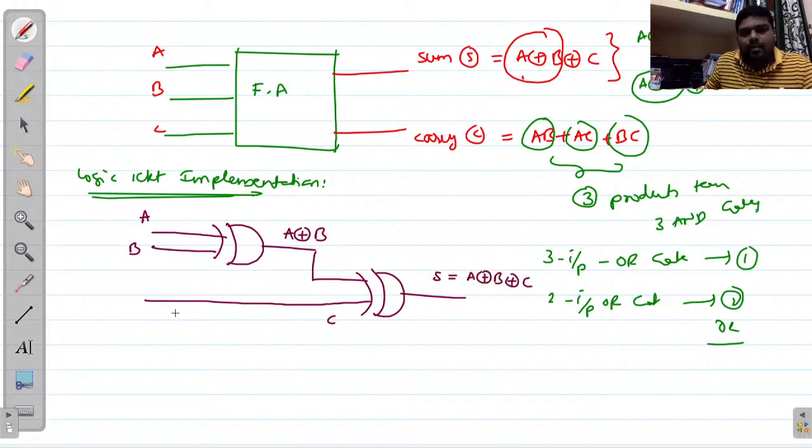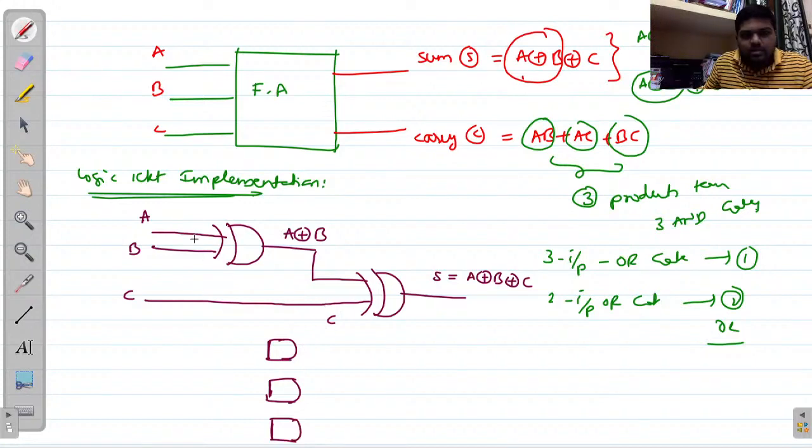Okay, now this is your C input. Okay, and next I want to implement this carry part. Okay, so in that case first I will take AND gates, 3 AND gates. Okay, these are the 3 AND gates.